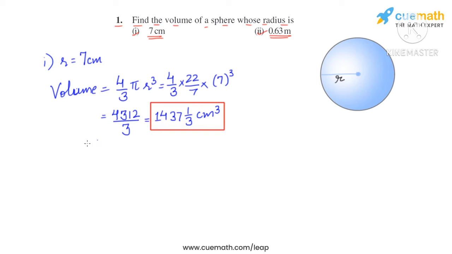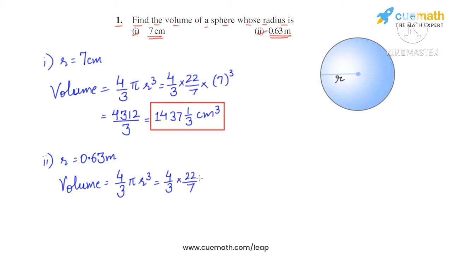In the second part, radius is given 0.63 meters. We have to find the volume. So 4 by 3 pi r cube, that is 4 by 3 into 22 by 7 into 0.63 cube.